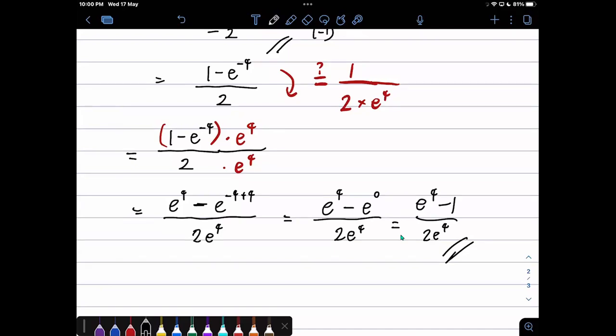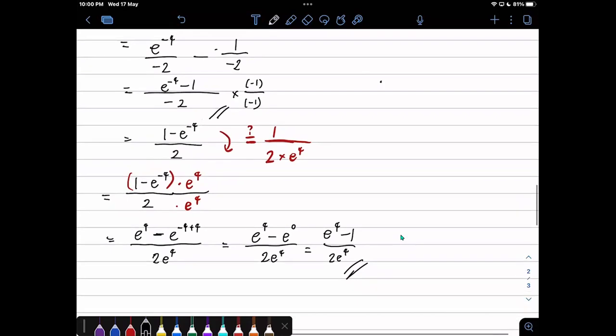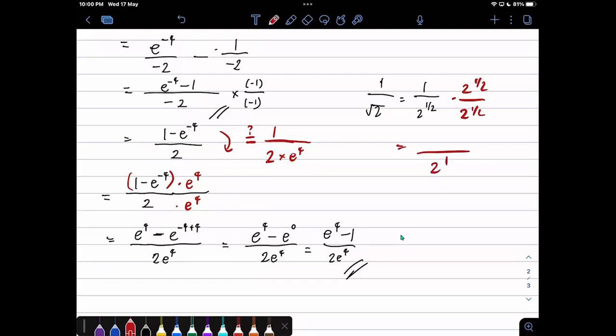Multiply top and bottom, a bit like rationalizing the denominator. For example, 1 over square root 2 is like 1 over 2 power half. The trick is to multiply top and bottom by 2 power half, so that half plus half gives you a 1. You're left with 2 power half, which is really just square root 2 over 2.